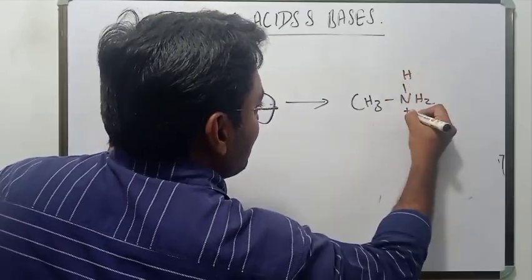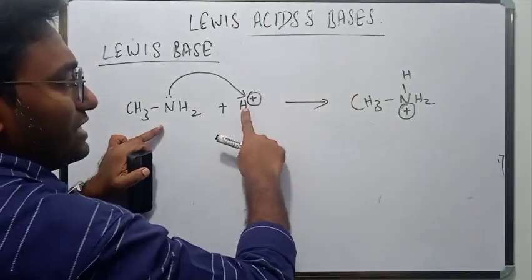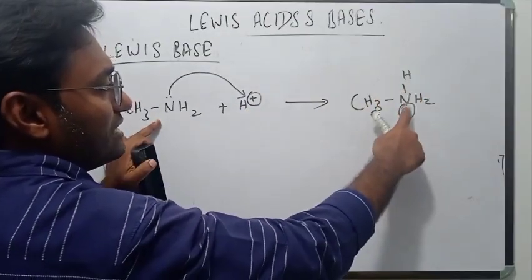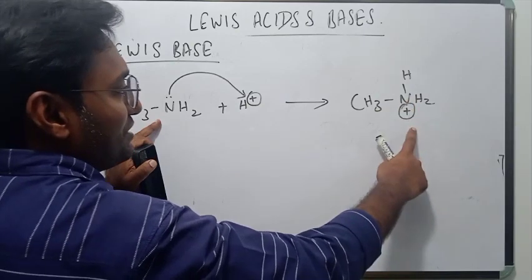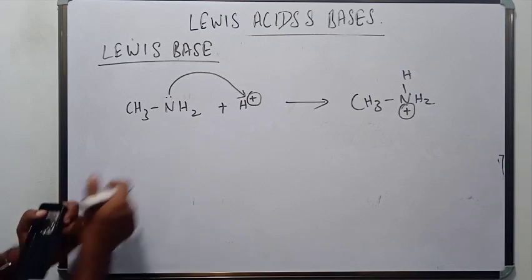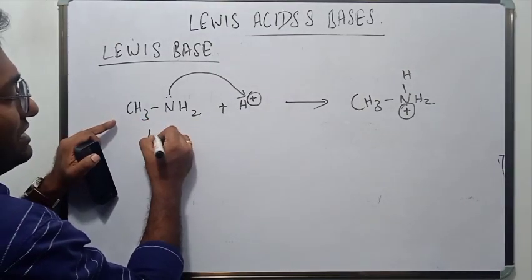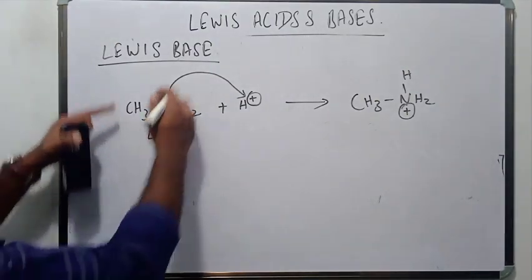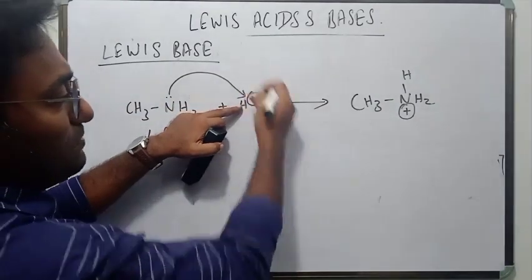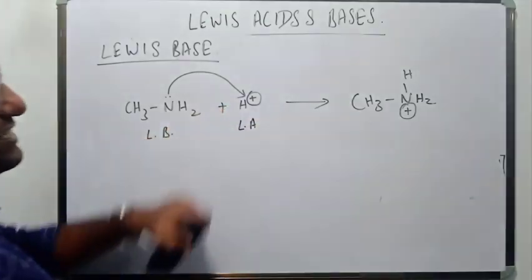Now because the H plus proton here has taken a lone pair of electrons, the nitrogen atom has become positive. So what has donated the pair of electrons? Primary amine. So this is a Lewis base. That which donates a pair of electrons is a Lewis base; that which accepts a pair of electrons is a Lewis acid.